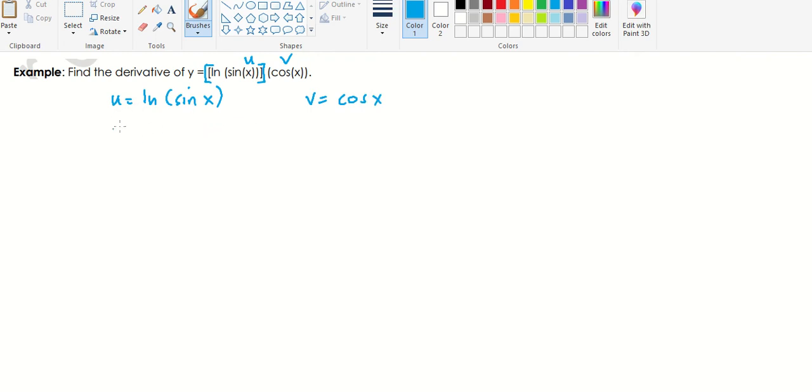Ngayon, kapag dinerive natin to, yung u, alam naman natin kapag itong ln sin x, since nagamit na natin yung u tsaka v, try natin naman gamitin yung w. Okay? So, itong w na to, isang function din. So, if our w is equal to sin x, ang dw natin nito is equal to cosine x.